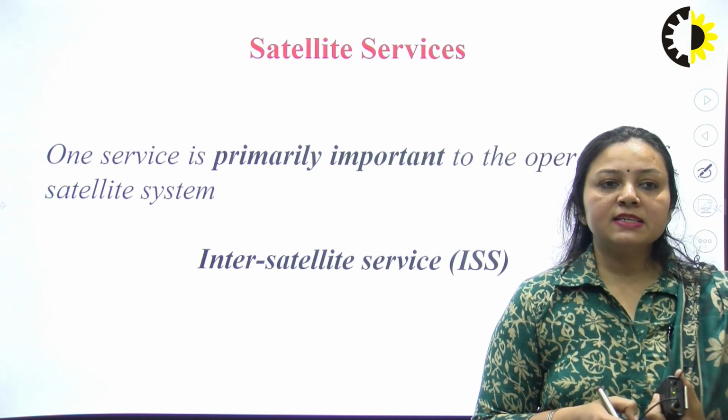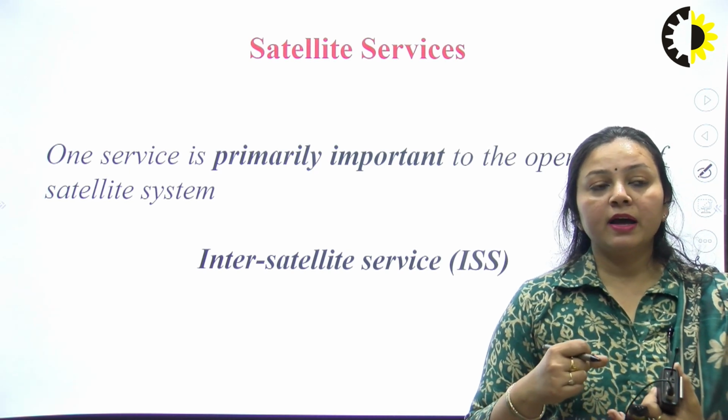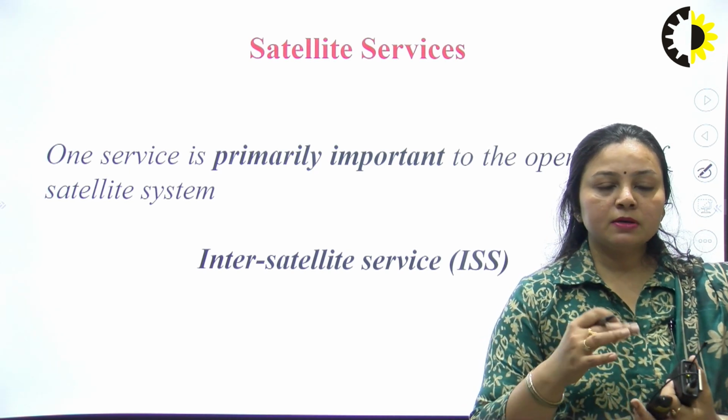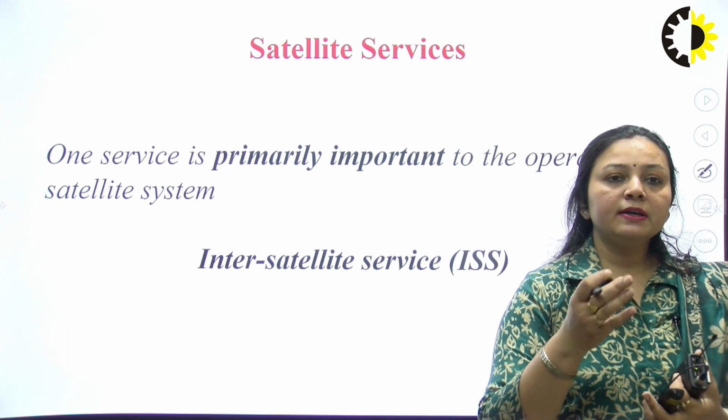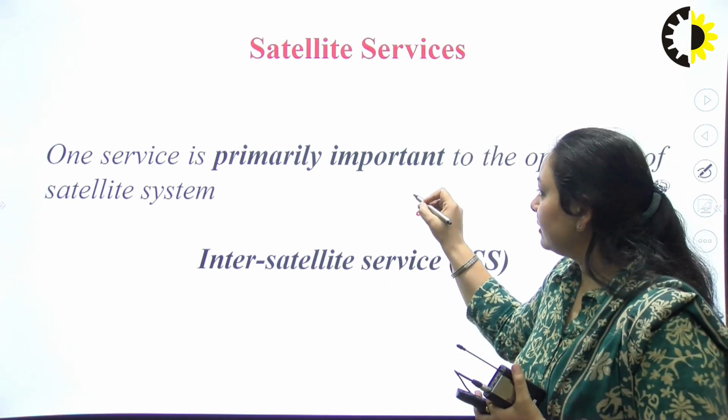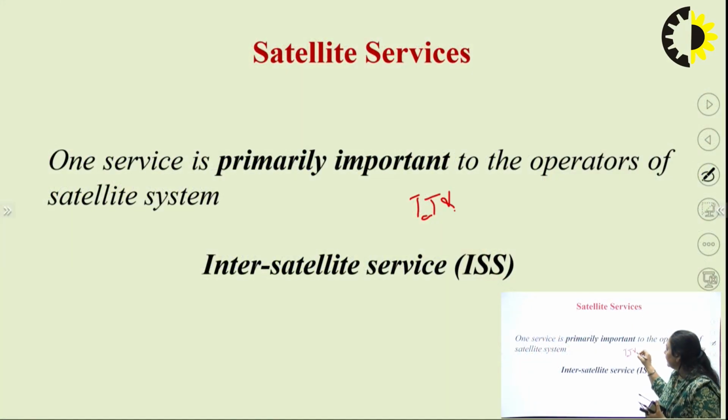Inter-satellite service plays an important role, like I explained in the previous diagram, where we have the TT and C block, telemetry, tracking and control. It helps to communicate between the satellites. It gives information about which is the first Earth station that wants to communicate and which is the second Earth station.